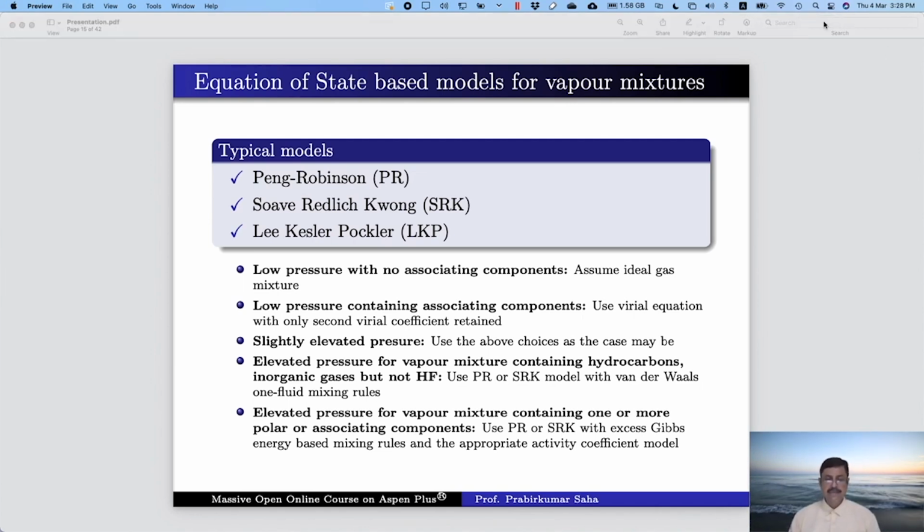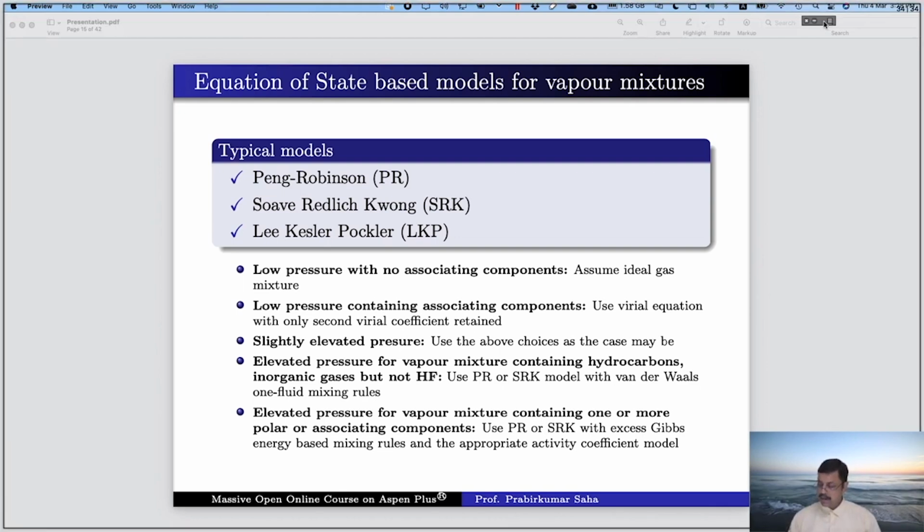If we have low pressure with no associating components, then we can safely use ideal gas mixture. But if we have low pressure with some associating components, then we have to use virial equation with only the second virial coefficient retained.